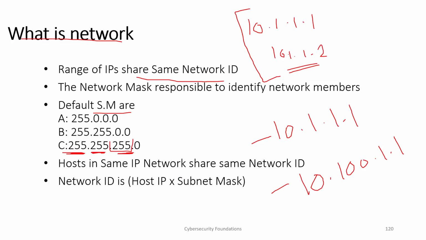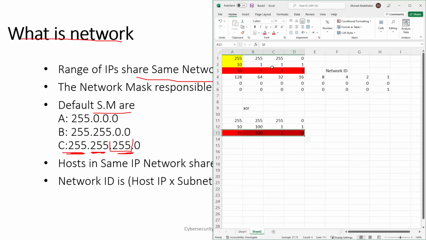What if I told you that the subnet mask in our situation was not 255.255.255.0, but 255.0.0.0? The situation now will differ, because in this situation the network ID here will be 0, 0, right?